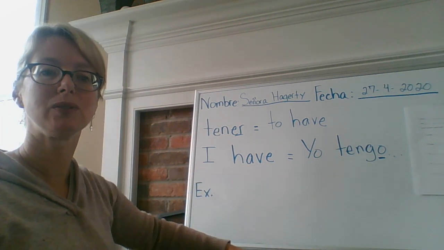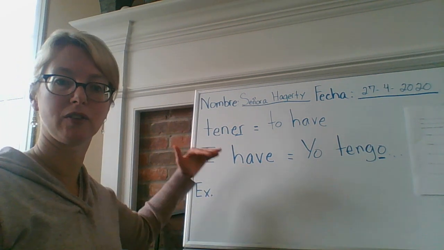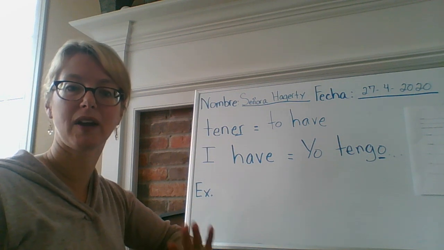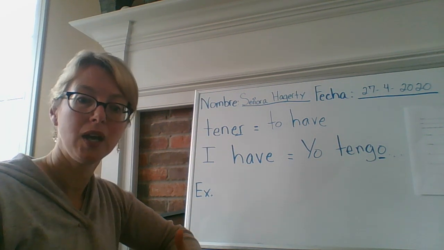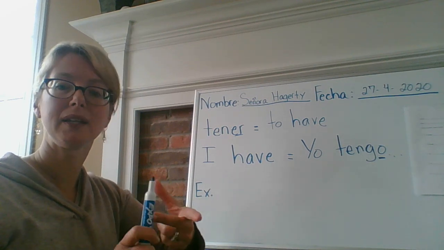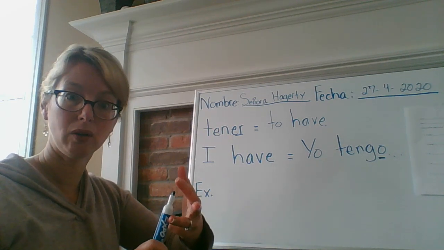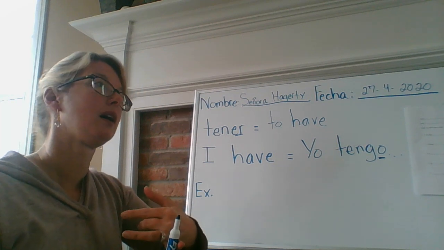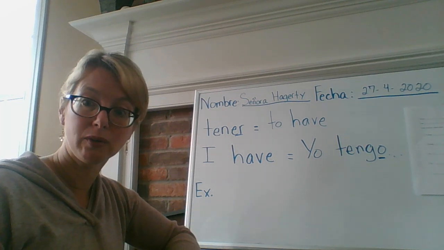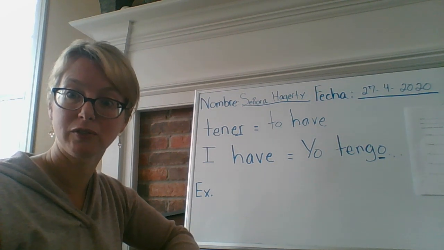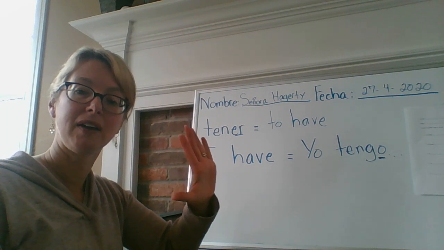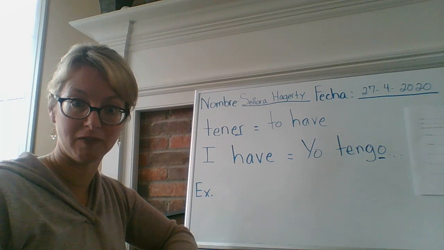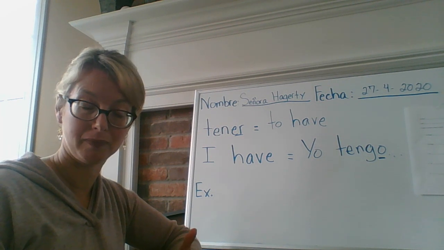We're going to be using this expression and the verb tener, which means to have, to write 5 sentences about people that you have or things that you have in your family. We've talked about su madre, su padre, su abuelo, su tía, su perro, su gato. We've talked about some of the pets that you might have in your family. You're going to tell me about 5 things that you have in your family, 5 people or a pet.